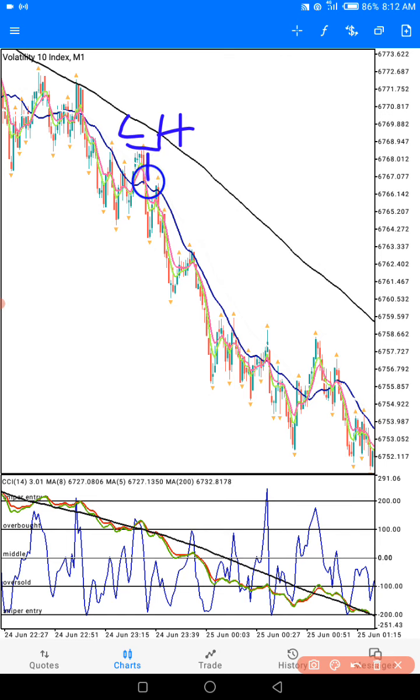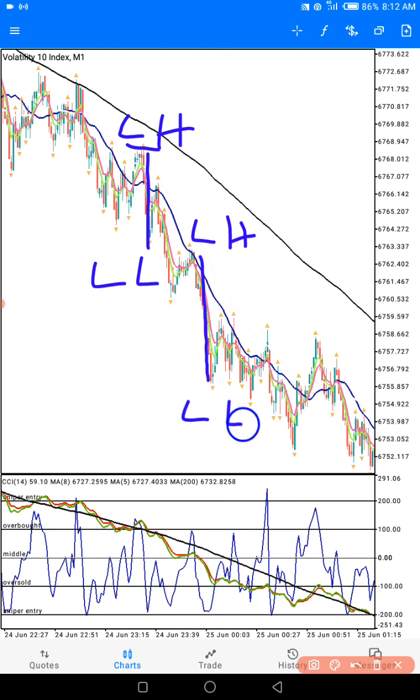Then before it moves down to form the lower low, you're already in profit. You wait for the next impulsive movement, which is this, another one, another one. You see the movement comes down to form a lower low. You understand? So this is how to make profit on the rise and fall.